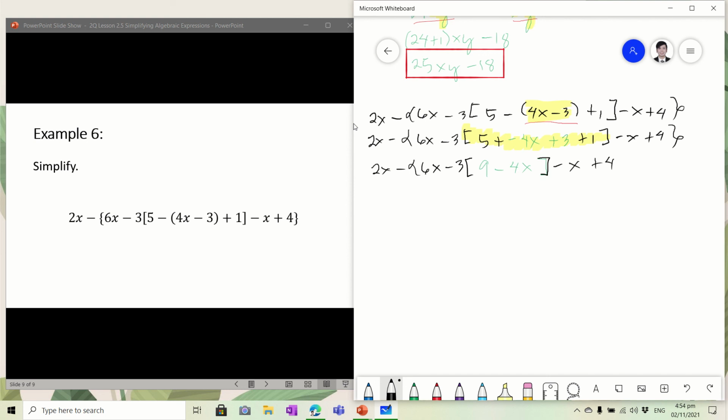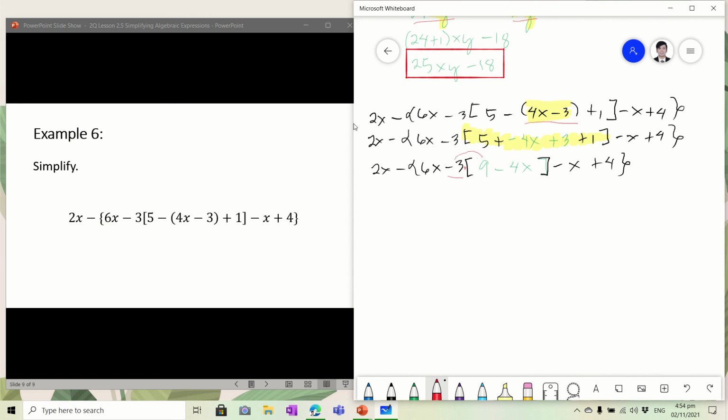Okay, we're not yet done because at the first place, inside the group, 9 minus 4x, there is a number outside it which is negative 3. Okay, so negative 3 times the group. So we still have to distribute the negative 3. So think of this already as the sign of the 3, okay? You can think of it that way.